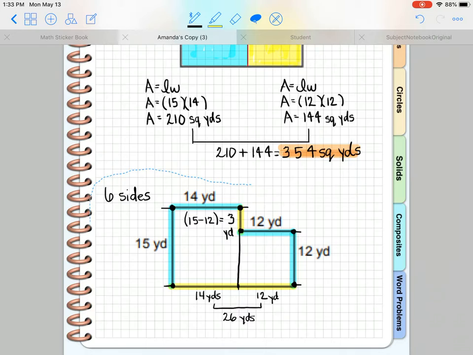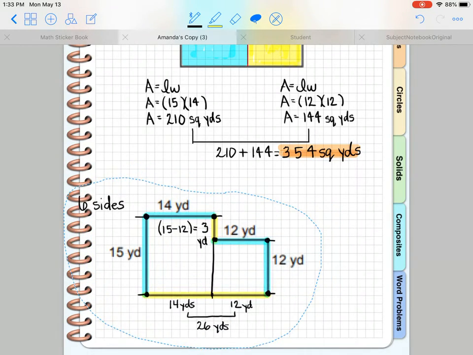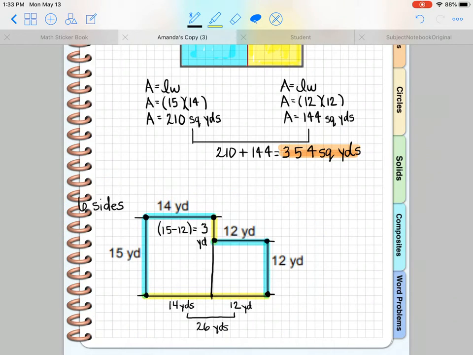I'm going to have to give myself a little bit of space. I've used up all my room. Let me do it this way. I write so big, and it's hard to get all of this in there. So all 6 sides. Remember, to get a perimeter, you just add up the sides. So I'm going to start with the 15.